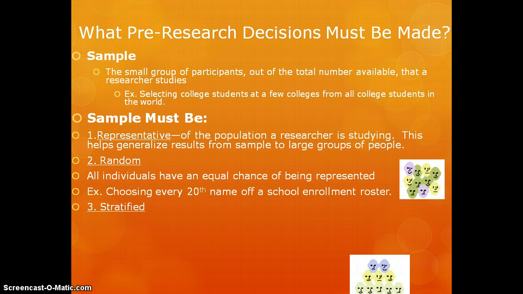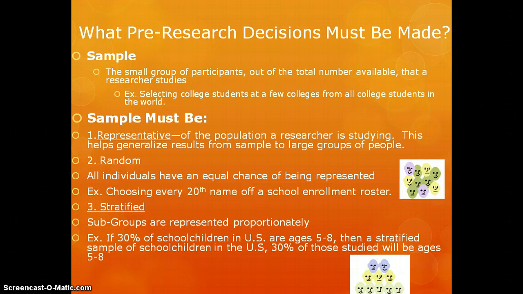Next, a sample has to be stratified, meaning that the subgroups within the population that you're studying have to be represented proportionately. So let me give you an example. Let's say you're studying school children in the United States, and let's say 30% of all school children in the United States are ages 5 to 8.